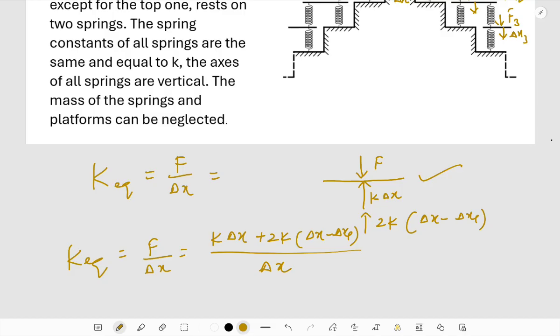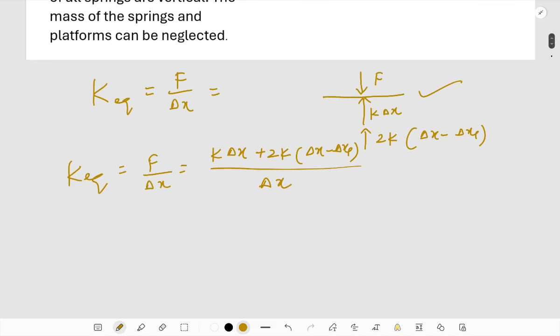The main reason for writing this equation, F equals k delta x plus 2k (delta x minus delta x1), is that the platform has negligible mass. Later we can simplify this expression and write 3k minus 2k delta x1 by delta x.